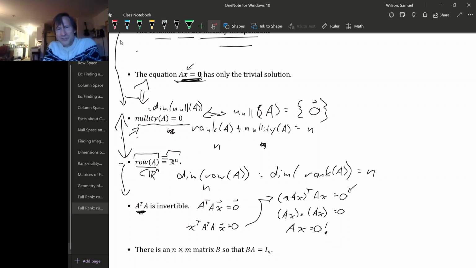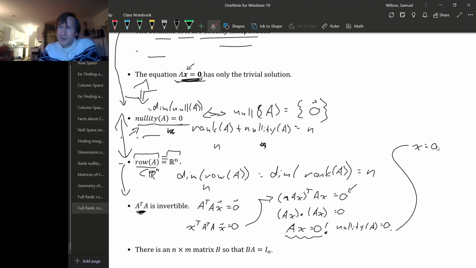But remember, we're assuming all of these equivalent conditions, or we're assuming one of them, which implies all the others. So in particular, the nullity of A is 0. Right? But that means that the null space is only the 0 vector. So that means that X equals 0, the vector 0, is the only solution.